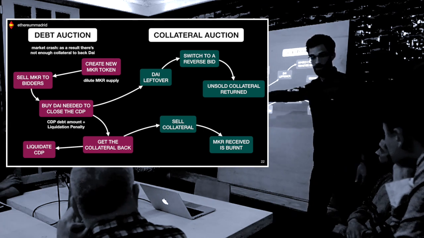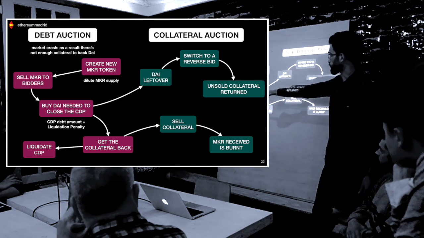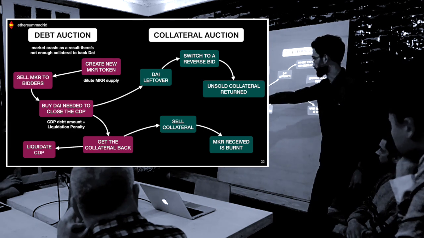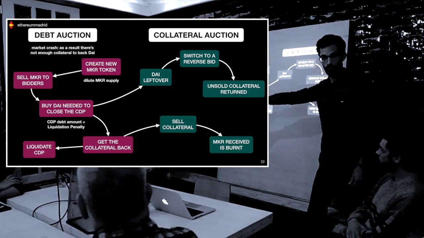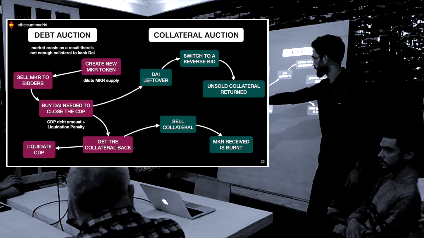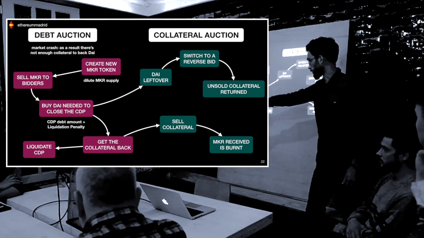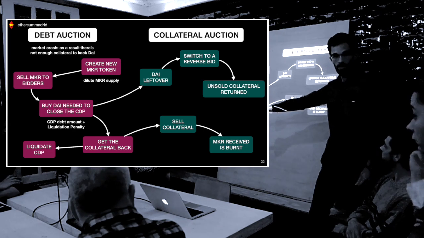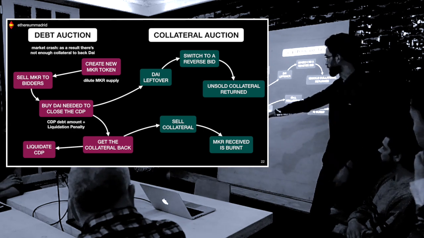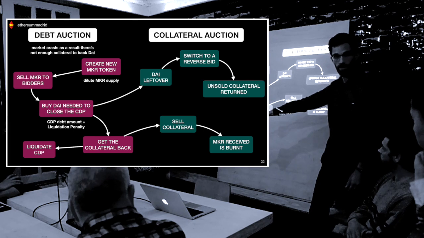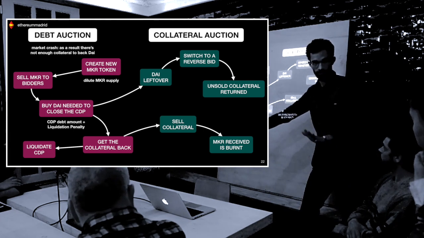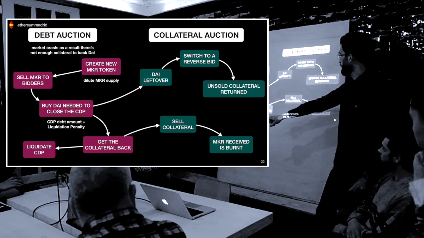You sell MKR to bidders automatically, because what you want is to buy DAI with the newly issued token. With this DAI, you close the CDPs automatically, plus the liquidation penalty, of course, and you get the collateral back. So the smart contract is handling new collateral from the CDP it has closed. You therefore liquidate the CDP, so that's done.